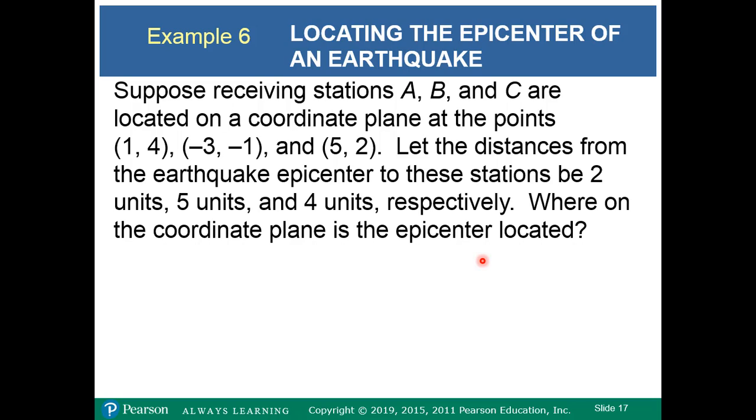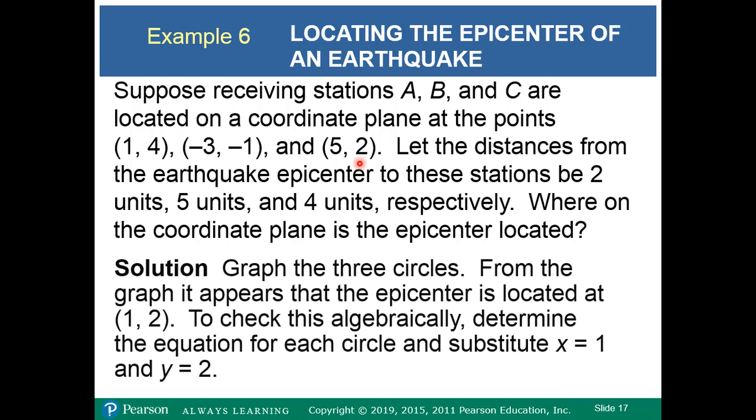So, what does this mean? Well, if we're talking about epicenter, and we know these distances from the epicenter, you can use the information to find where it is located.